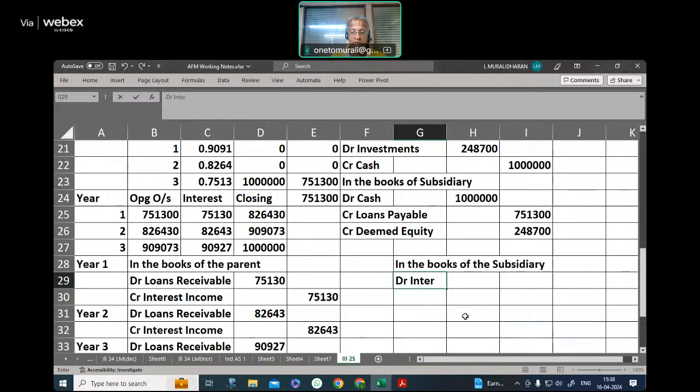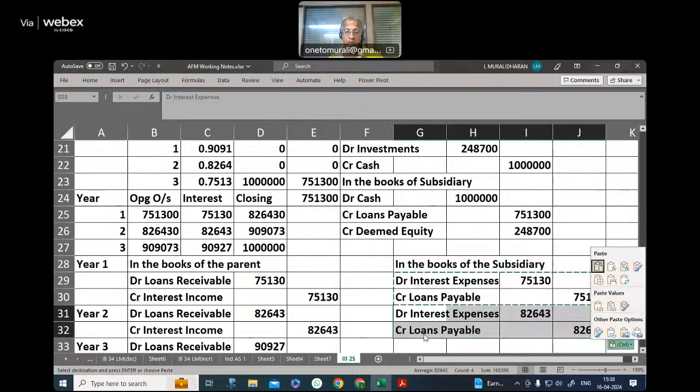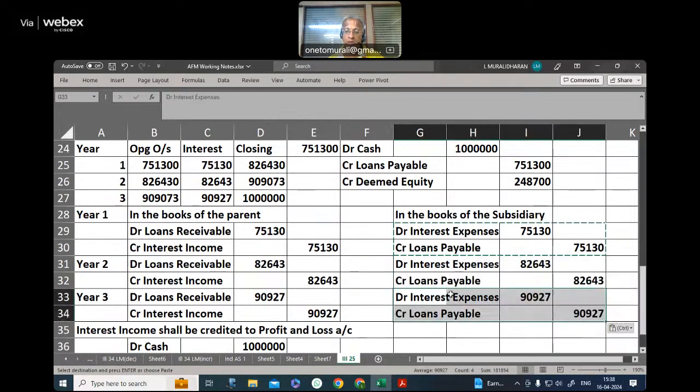Debit interest expenses, credit loans payable. Correct?